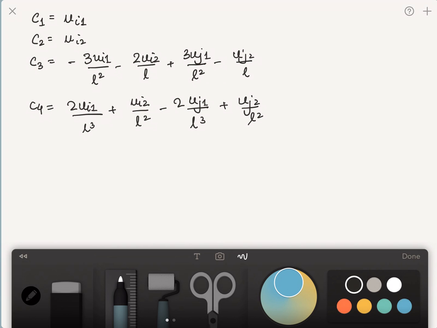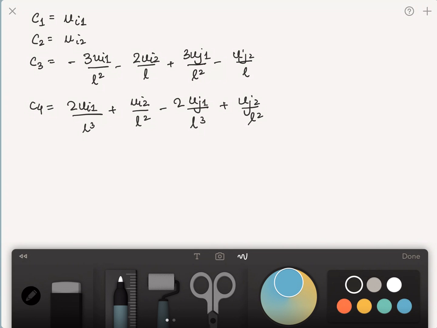If we substitute this back into the assumed displacement function and rearrange them in terms of coefficients of nodal displacements, that is ui1, ui2, uj1 and uj2, we will be able to get the shape functions.